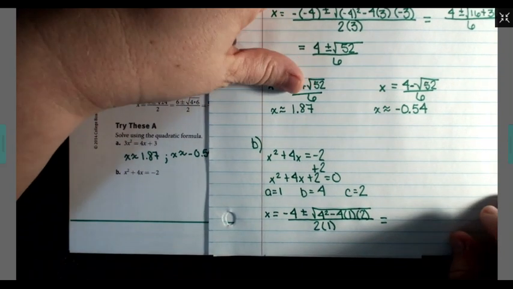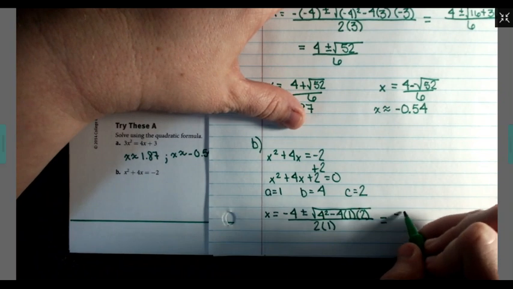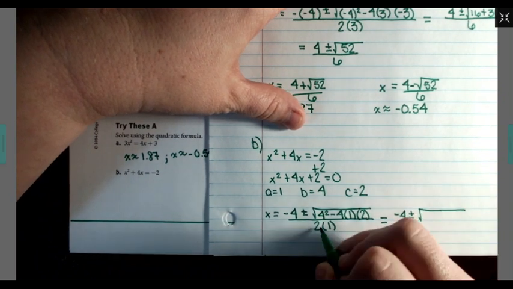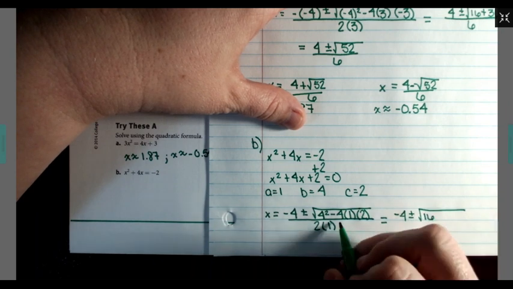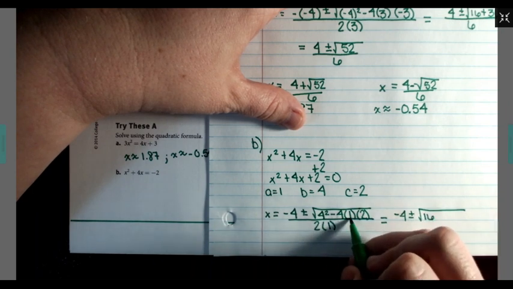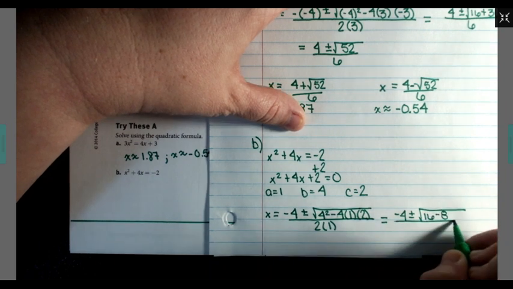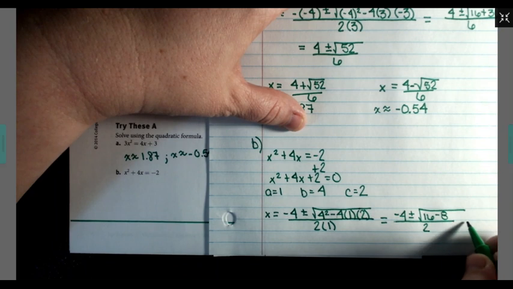Let's simplify what we can. So we've got negative 4 plus or minus 4 squared is 16. Negative 4 times 1 is negative 4 times 2 is negative 8 all over 2.